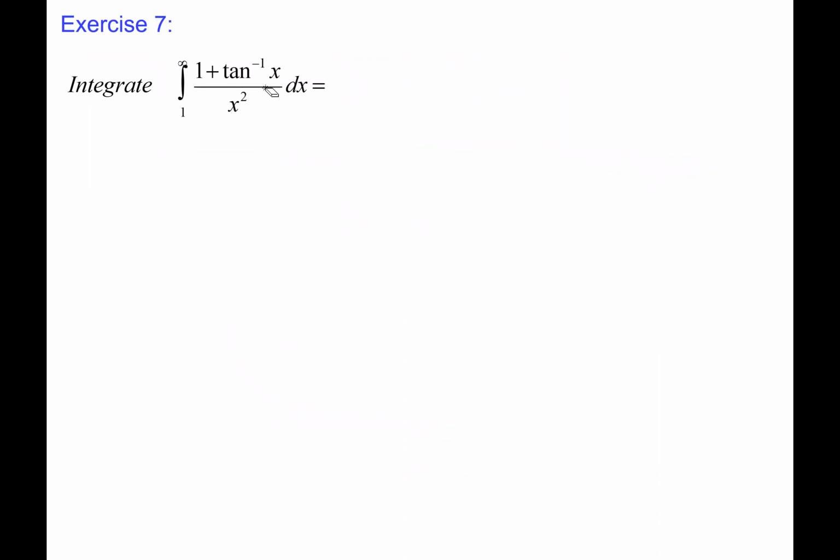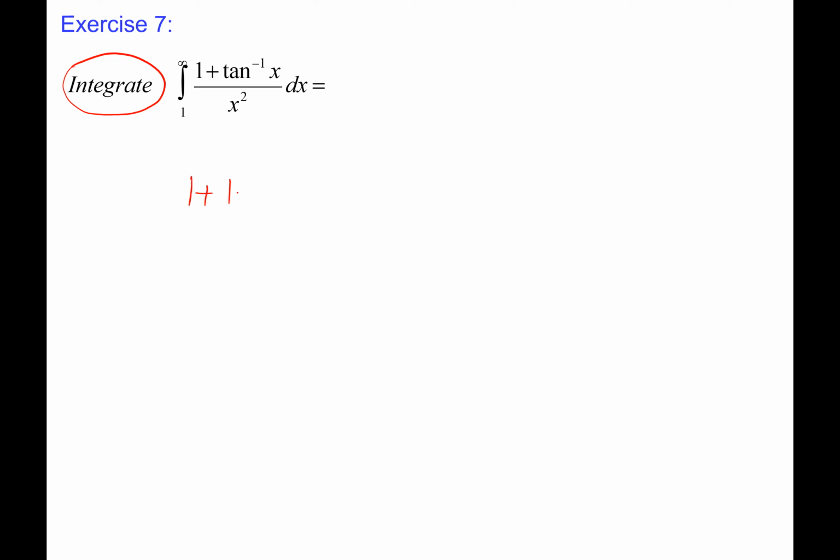And the last integral for type 1. Again, don't really integrate, but determine whether it's divergent or convergent. That's the only message that we would like to get. Improper integral from 1 to infinity of 1 plus inverse tangent of x over x squared. I don't know if I will be able to integrate, but then I can think, okay, comparison.